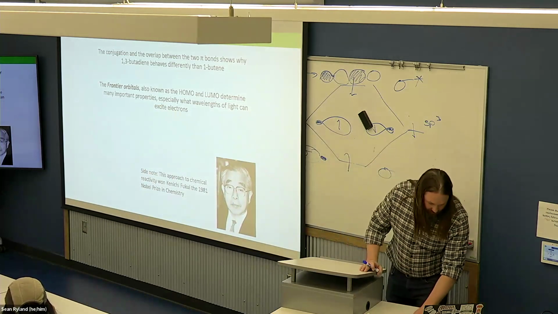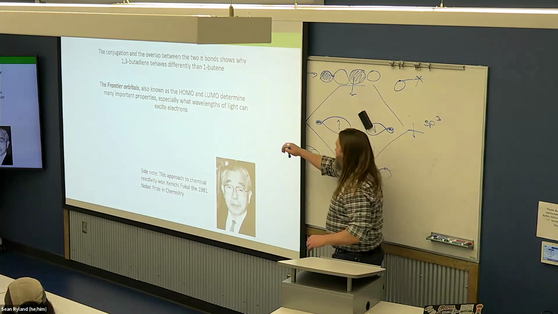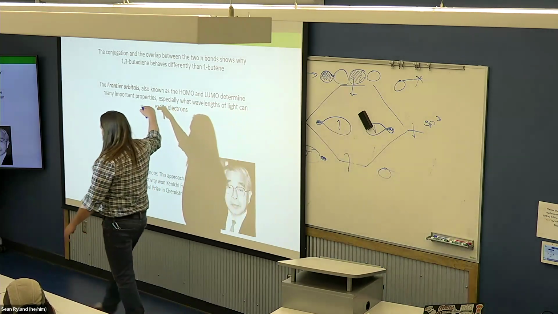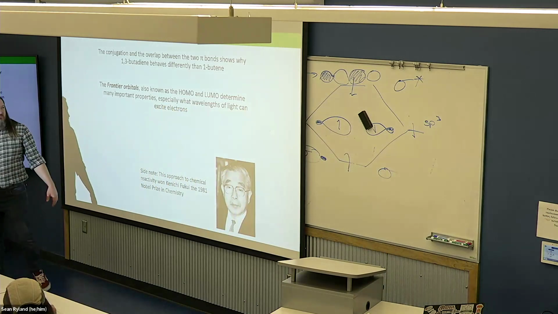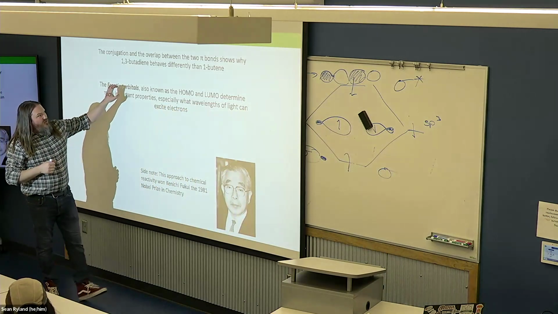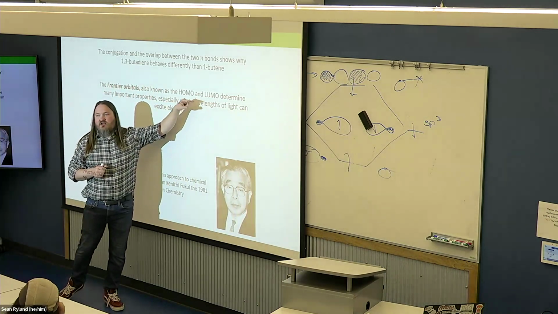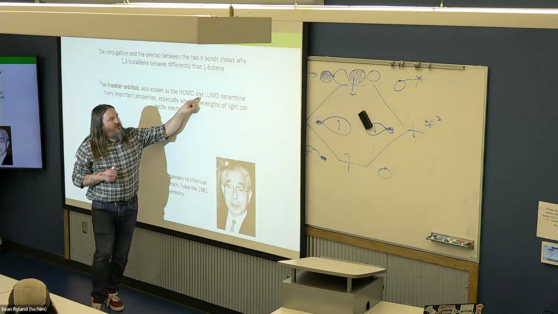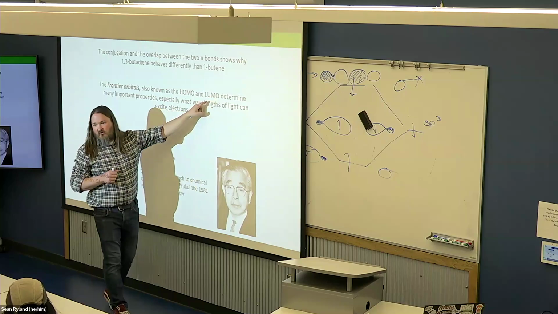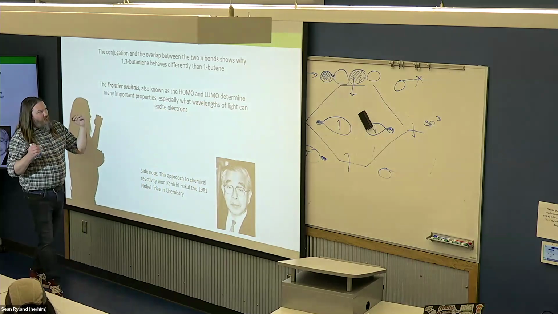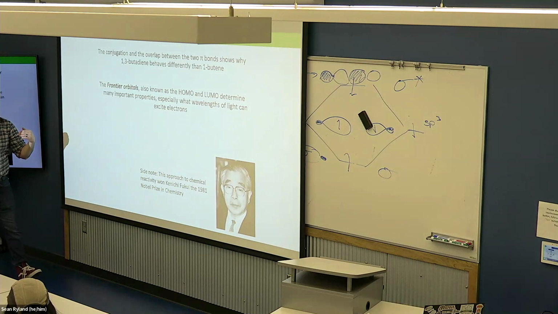So, all that to say, he came up with this idea of frontier orbitals. Frontier orbitals was what he referred to as the HOMO and LUMO, the highest occupied molecular orbital and the lowest unoccupied molecular orbital. He basically put forward the idea that the HOMO and the LUMO dictate reactions.